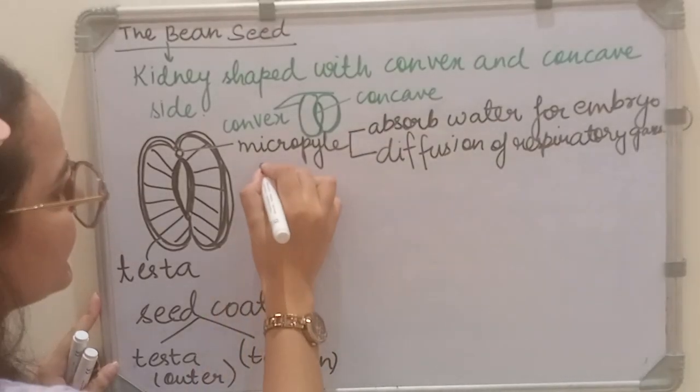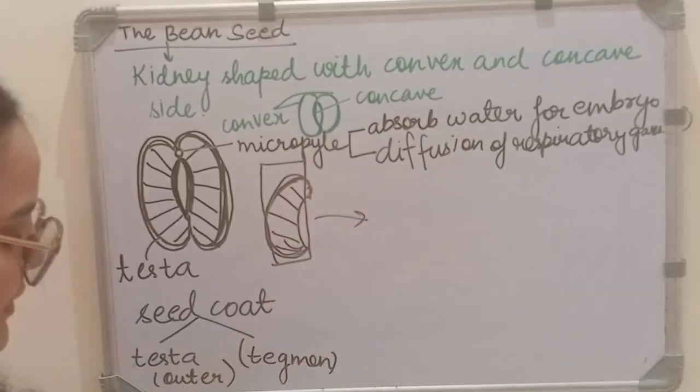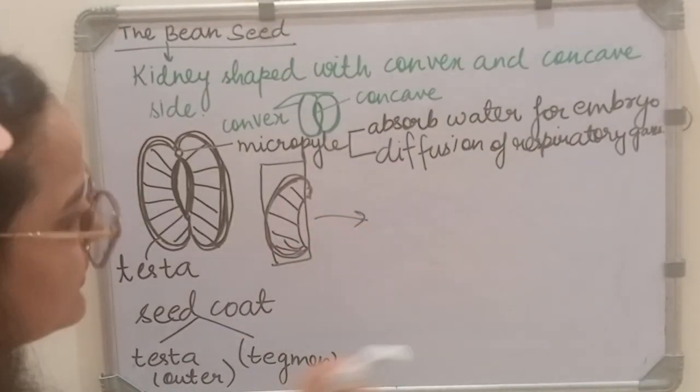Now, suppose our seed is placed like this. And we cut it vertically like this. So it will look somewhat like this. Okay, I'm drawing.